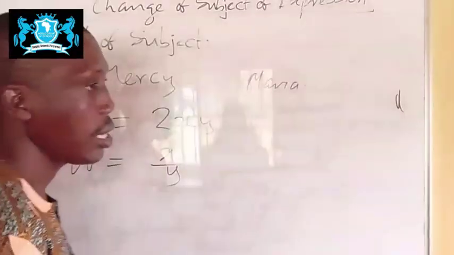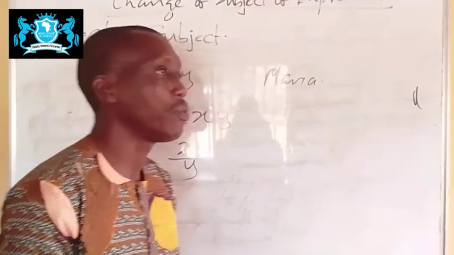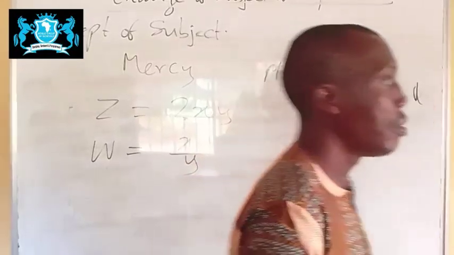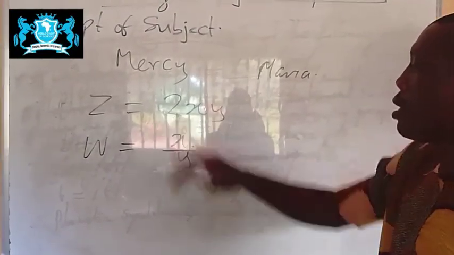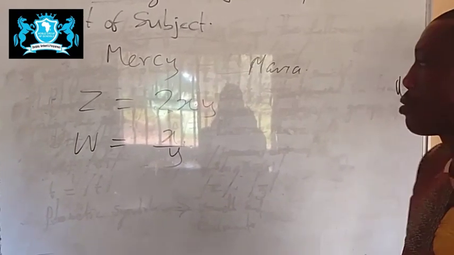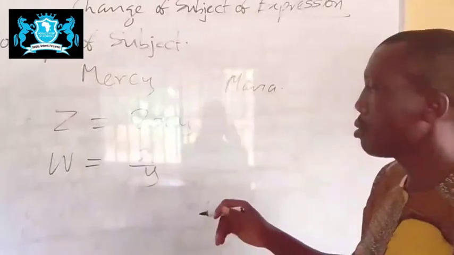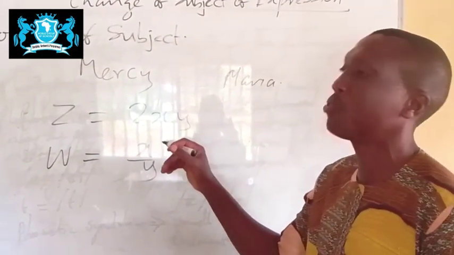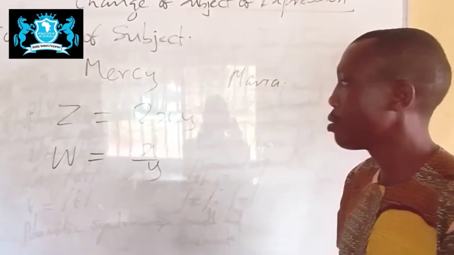There are steps one has to take in change of subject. First step is to look critically at the given expression. Identify the targeted variable, or the new variable that is desired to become the subject according to the question.